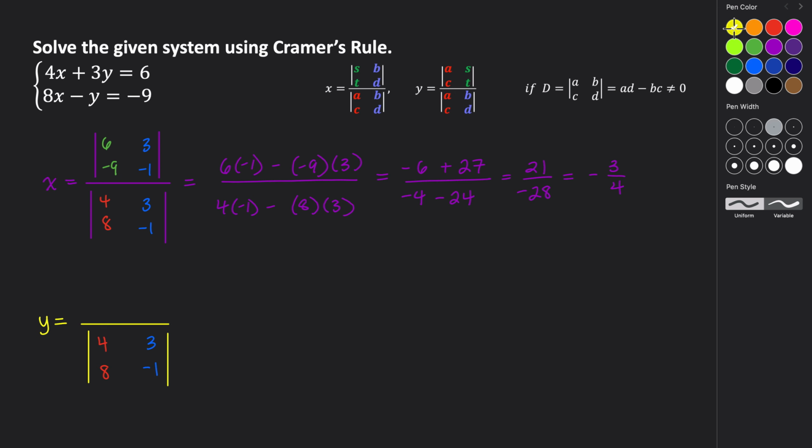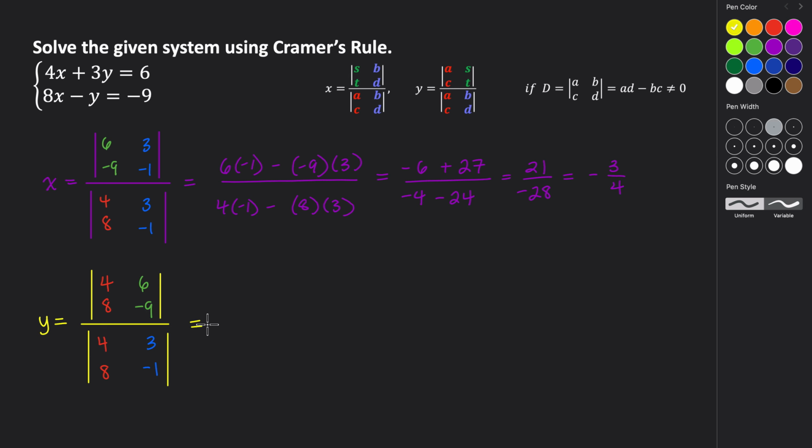Now, because we're trying to find the y-coordinate, s and t are going to be replacing the y values in our coefficient matrix. So the x coefficients stay in the first column, and then s and t are going to be in place of the y coefficients. So we have 6 and -9 here.